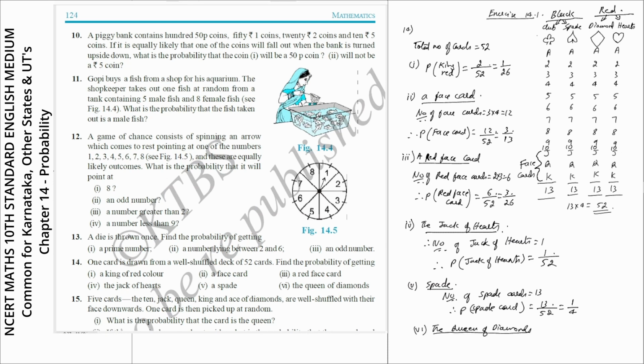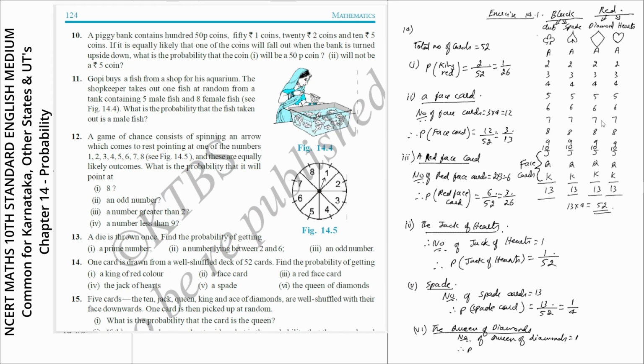The sixth sub question, what is the probability that the queen of diamonds is picked? So here you can see in diamond, this is the diamond cards. So here how many queens are there? We can see there is only one queen, which is a diamond. Therefore, number of queen of diamonds is equal to 1.